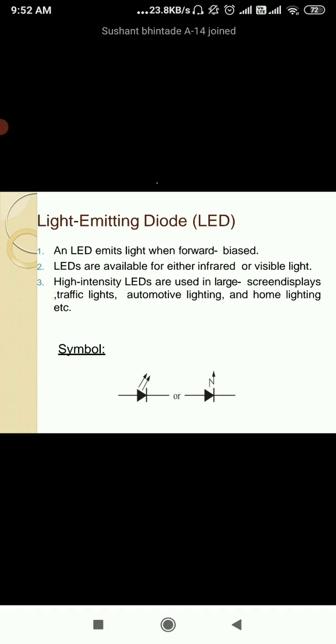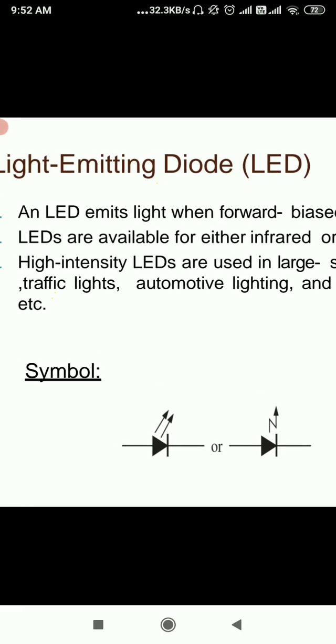Diode will behave as a reverse bias. Exactly like that, LED will give light only in forward bias, and it will not emit any light in reverse bias. Because if you see, exactly the same construction we are having here.